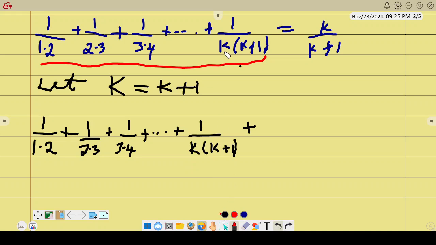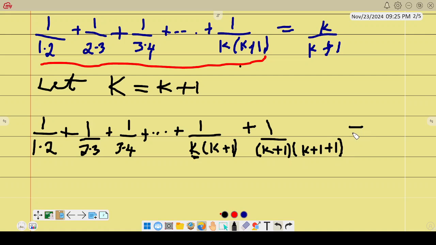So we're going to have 1 over k plus 1, just for this one which is outside. And then the other one will be k plus 1, but it also has another plus 1.